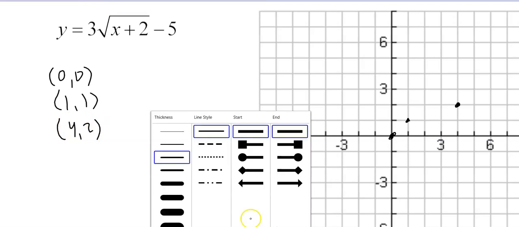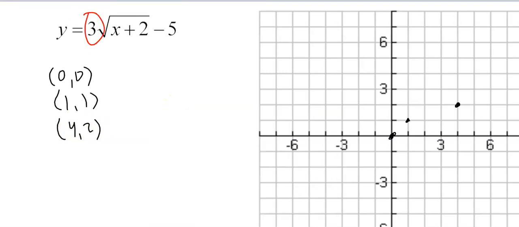This is called a vertical stretch, so it should make this curve stretch up vertically. So now it's going to be (0, 0), (1, 3), and (4, 6). I'm going to plot those points, right about there. The behavior starts at (0, 0) and goes up and to the right. It's going up a lot taller now.